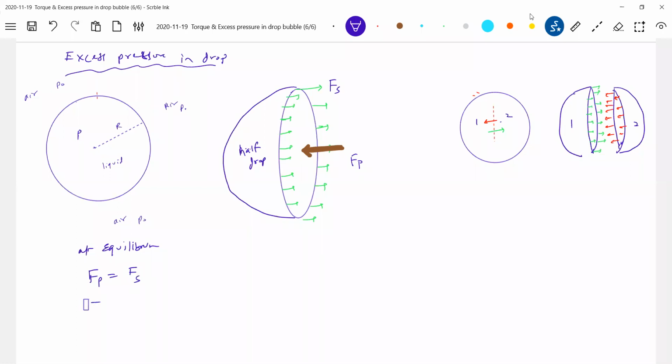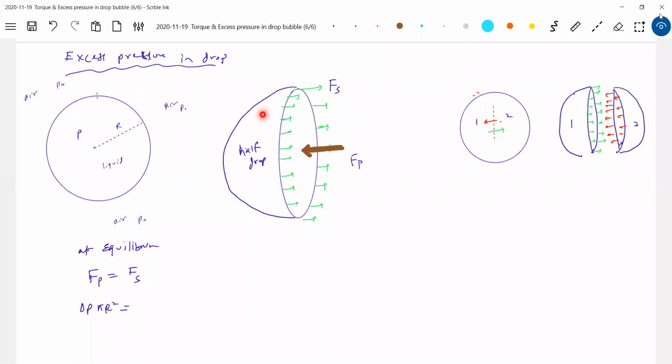Pressure P minus P naught, that is delta P, into the effective area pi r square. Why delta P? Because it is P minus P naught into the effective area. You can ask: sir, for half of the surface of a sphere the area would be 2 pi r square, so why pi r square?